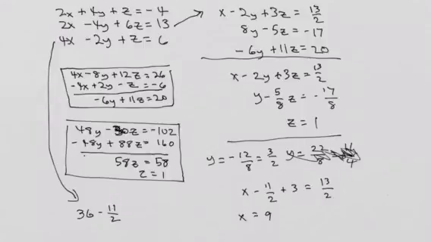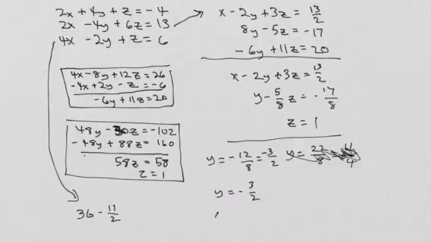And then if y equals negative 3/2, then plugging that into, say, this equation here should work out easily, I'm hoping.